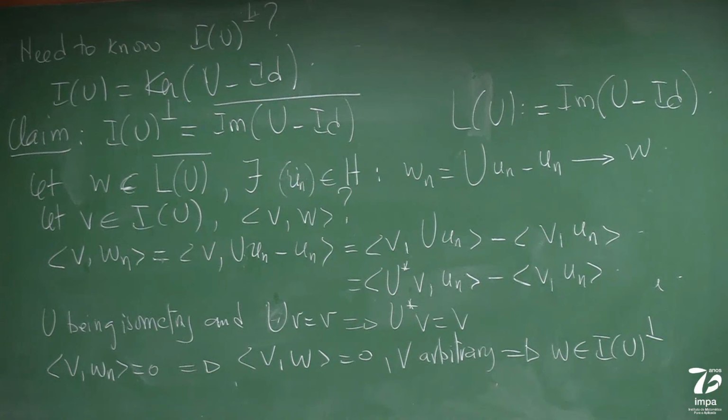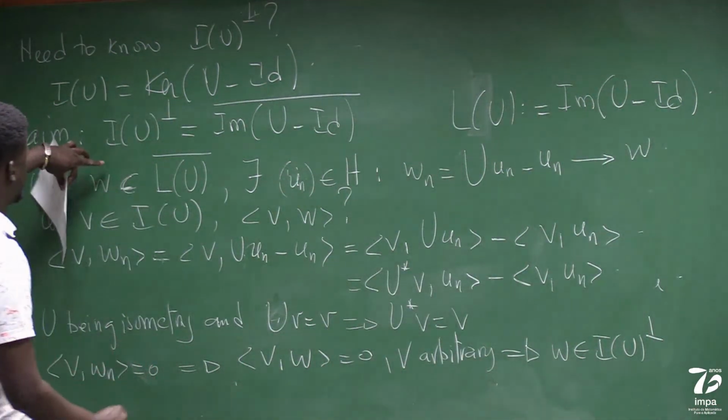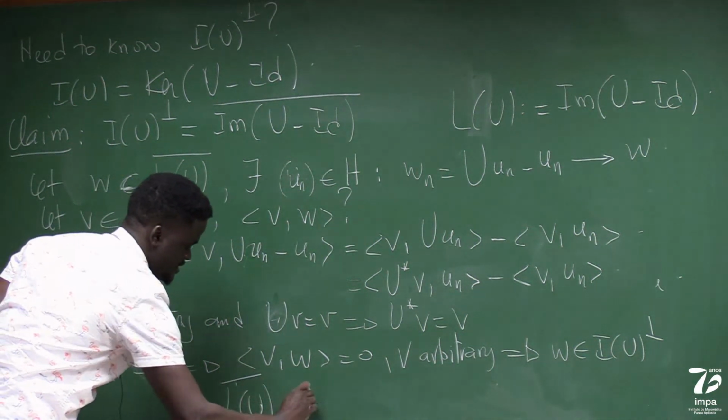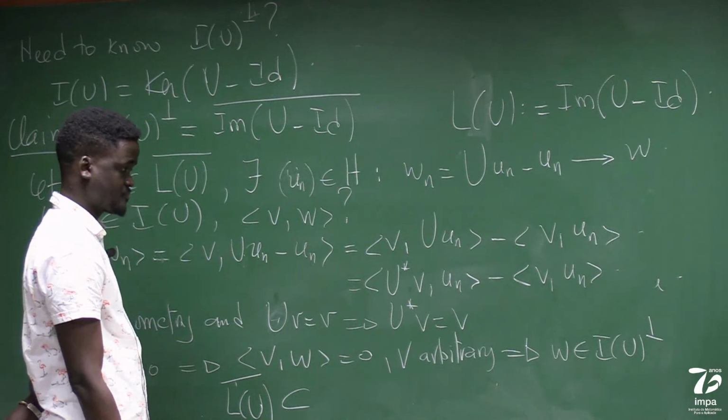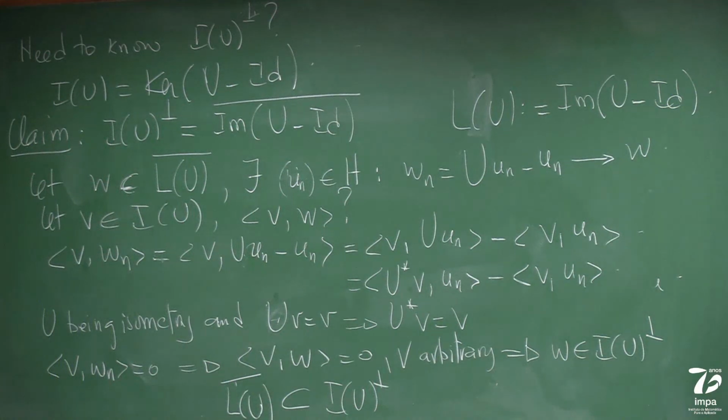Okay. So now we want to prove the reverse. What did we do? We proved that L_U closure, the closure of the image, is a subset of I_U orthogonal.